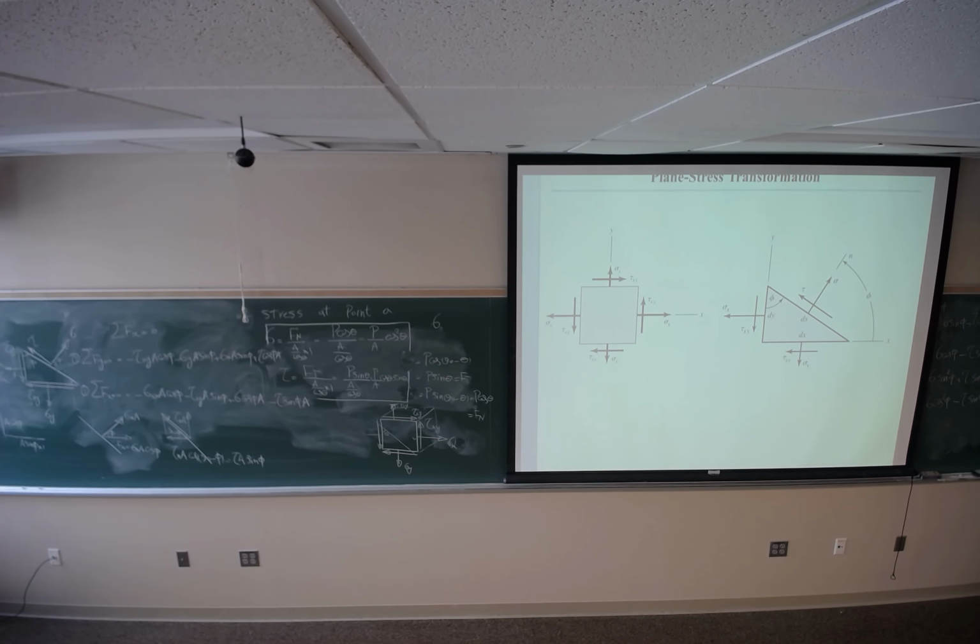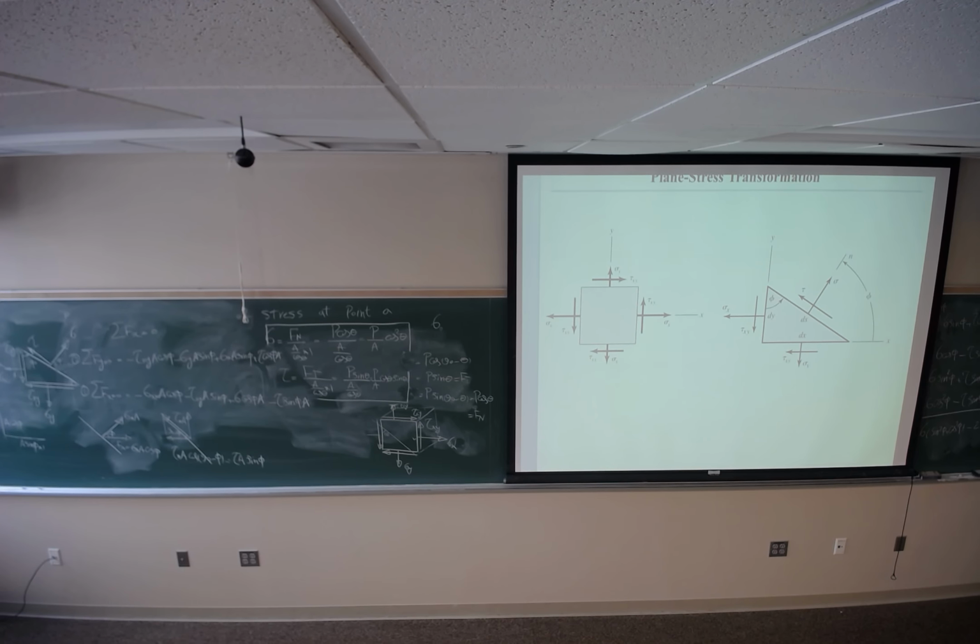Alright, if you add them up, you can cancel out these two. You only have sigma. Sigma multiplied by sine square of phi plus cosine square of phi, which is 1. Minus tau xy cosine of phi sine of phi, they are the same. Negative 2 tau xy sine of phi cosine of phi, minus plus sigma x cosine square of phi minus sigma y sine square of phi equals to 0.